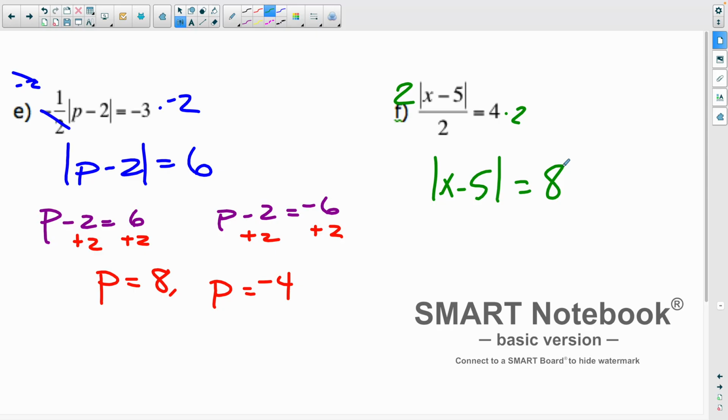Now we can split it. So I have x minus 5 is equal to 8. I have x minus 5 is equal to a negative 8. Add 5 on both sides for both of these.